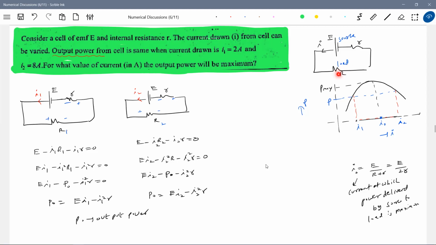I think there is only this resistor itself. There is nothing else, only this resistor.